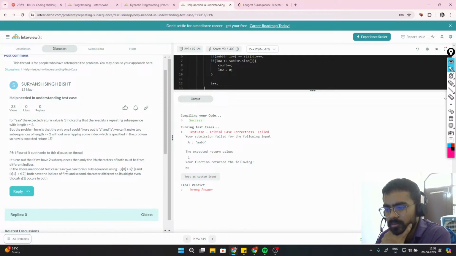We can form two subsequences using s of 0 plus s of 1, and both have the indices of the first and the second character different.